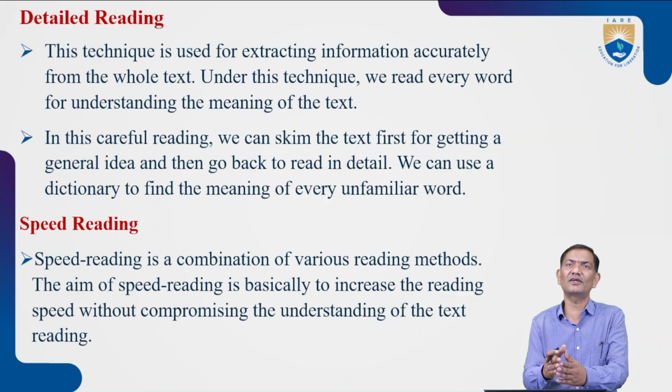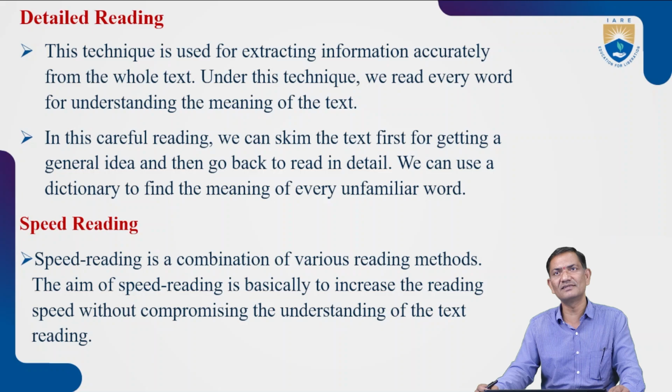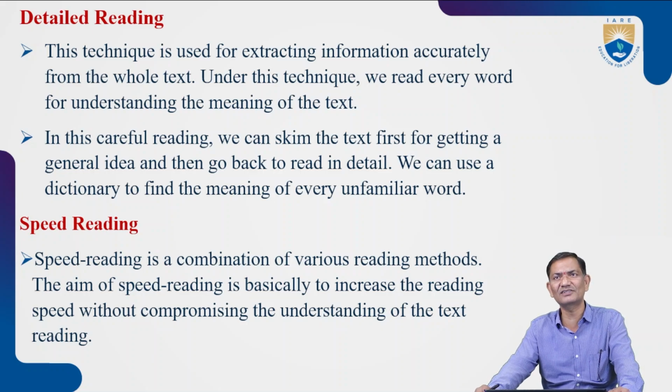In this careful reading, we can skim the text first for getting a general idea and then go back to read in detail. We can use a dictionary to find the meaning of every unfamiliar word.